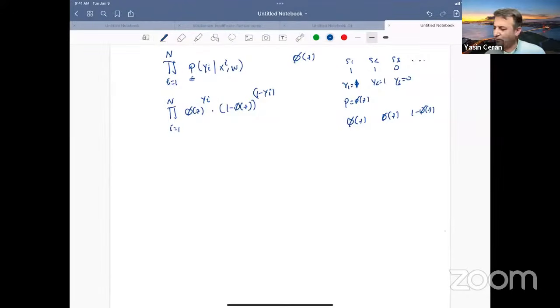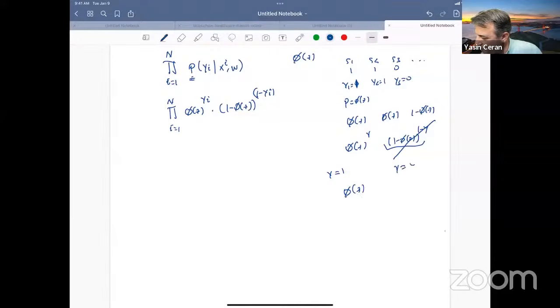Then what I can do is take phi of z to the power of y and 1 minus phi of z to the power of 1 minus y. If I do this, let's say a student is passing and y is 1, this term is going to disappear, and I will only have phi of z.